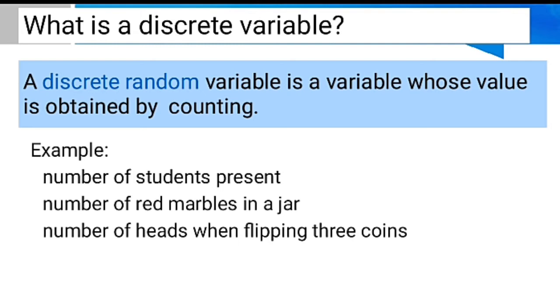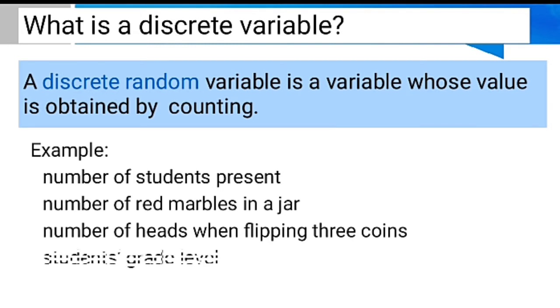You cannot say there is 1/2, 1/4, or 0.25, 0.5. No. So the value could be 0, meaning no heads appear, meaning there are 3 tails, or 2 heads and 1 tail, or 3 heads and 0 tails. So those are the possible values.